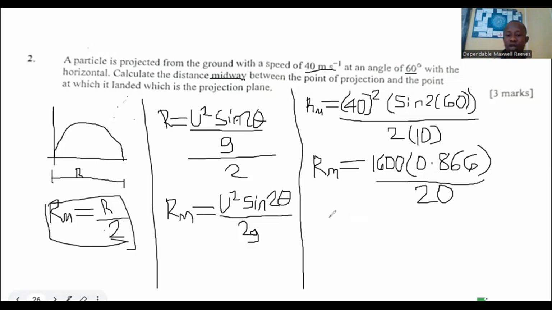Placing this in the calculator, multiplying 1,600 by 0.866 and dividing the result by 20, our final answer is that the range midway is equal to 69.28 meters.